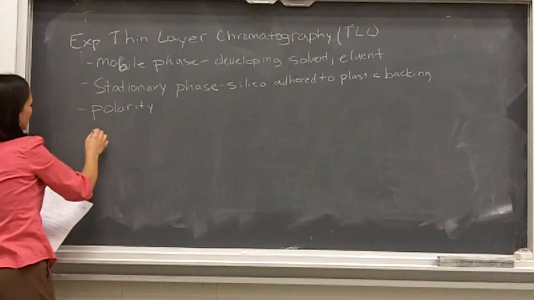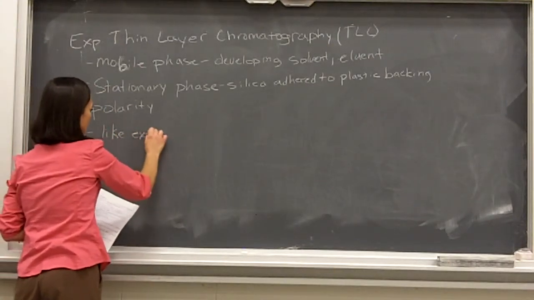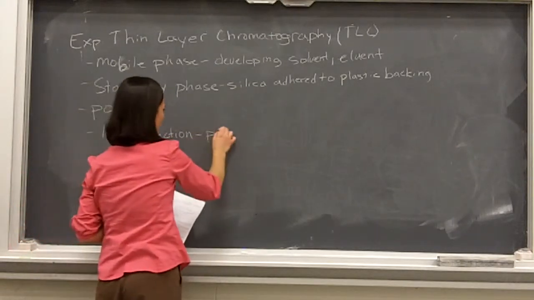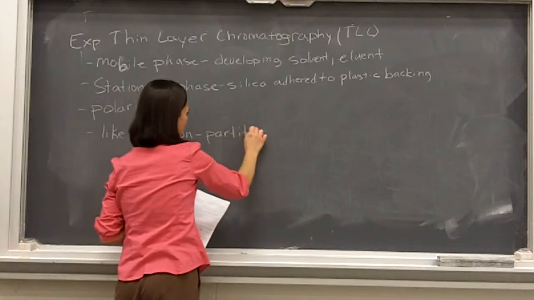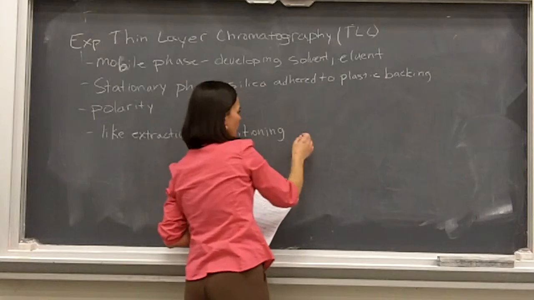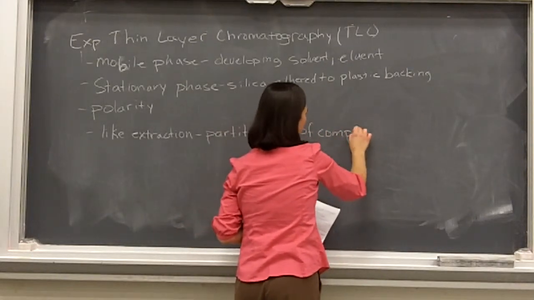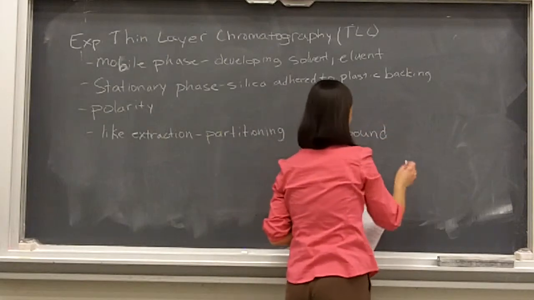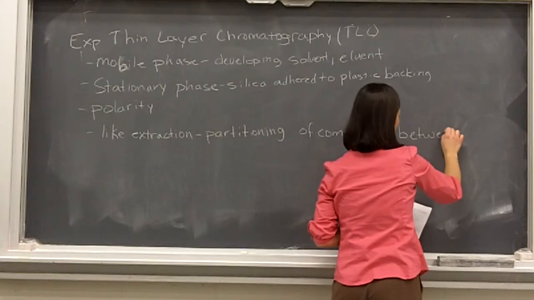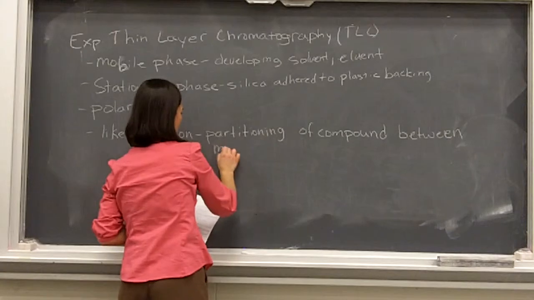With thin-layer chromatography, it's a little bit like an extraction. You have this partitioning of the compound that you're looking at between the mobile phase and the silica, so between your mobile phase and your stationary phase.